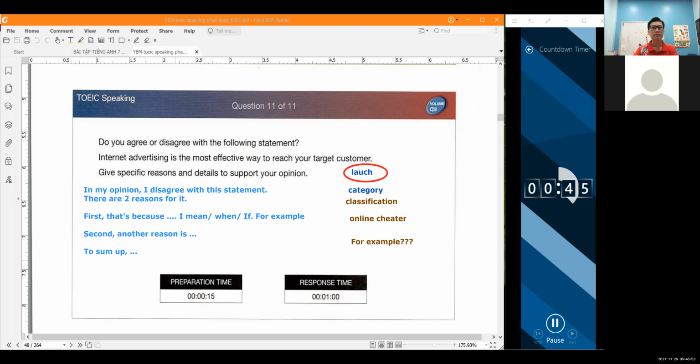Second, another reason is there are a lot of online cheaters nowadays. If you want to launch a luxury product, let's say a luxury watch, laptop, and so on, the customer finds it so hard to believe internet advertising. They want to see the watch in real life.